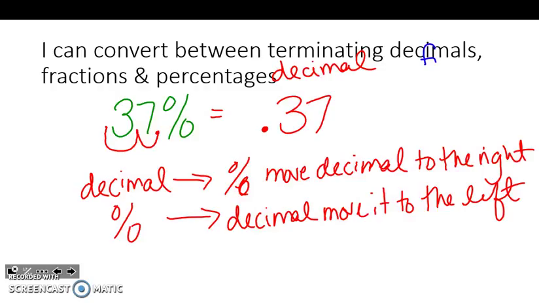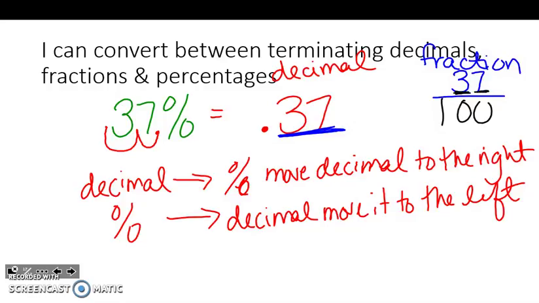So now we're going to make this into a fraction. Okay? So you always take the values that are behind the decimal. So we're going to put 37 on the top. And then you always start with a 1. And however many digits there are, so 1 digit, 2 digits, we're going to put 2 zeros. And then we have to see if it'll reduce.